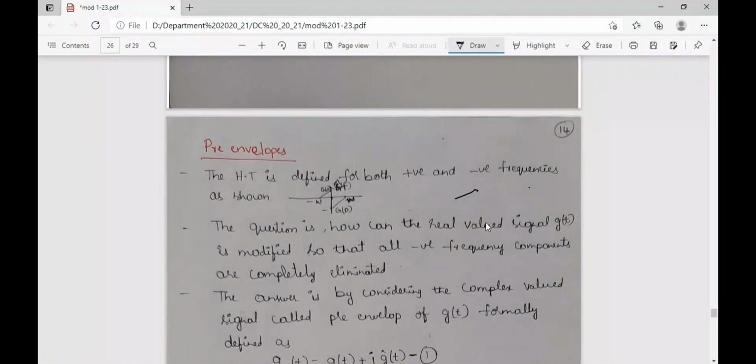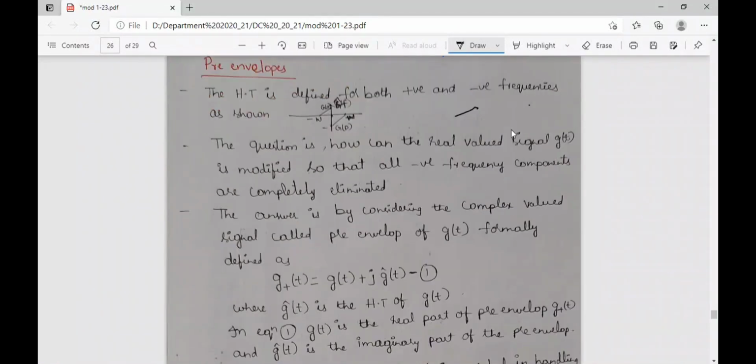Okay, so the low pass signal will have both the positive frequencies and the negative frequencies, and even if you take the Hilbert transform of that, you have both positive and negative frequencies. In some applications we will need only the positive frequencies or only the negative frequencies. In that case we represent the G of T signal by using the pre-envelope.